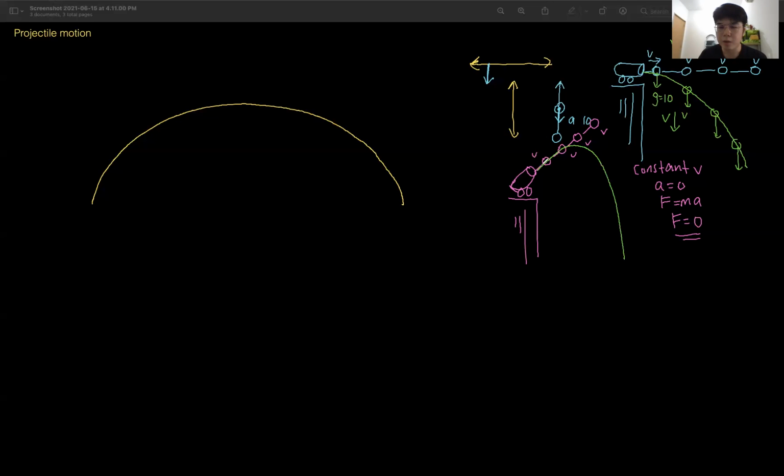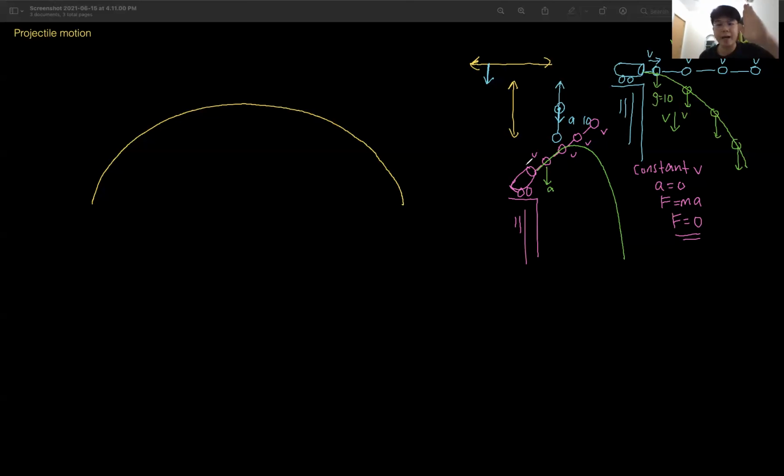Okay, now during this first part, when it goes up, what happened to the velocity? Okay, you see, there is an acceleration downward. So the ball is moving upward, right? So if there's an acceleration downward and the ball is moving upward, what does it mean? Meaning that there is a deceleration. The velocity upward is decreasing, right?